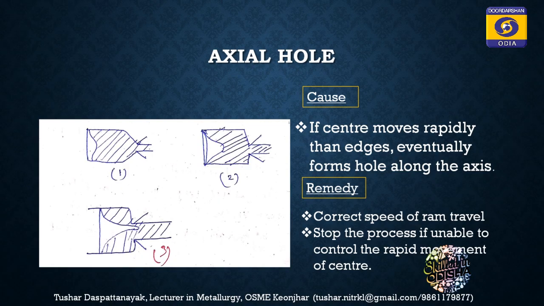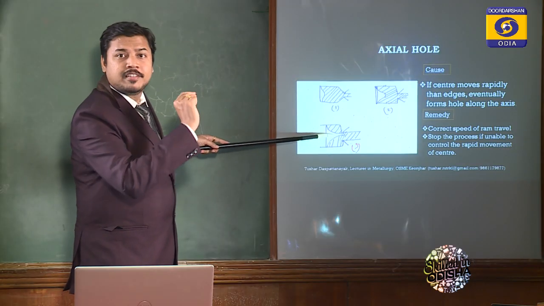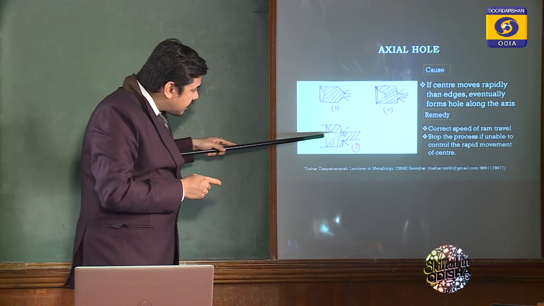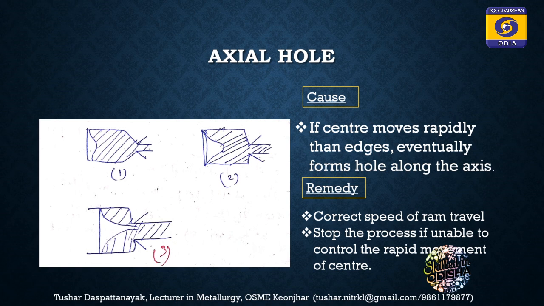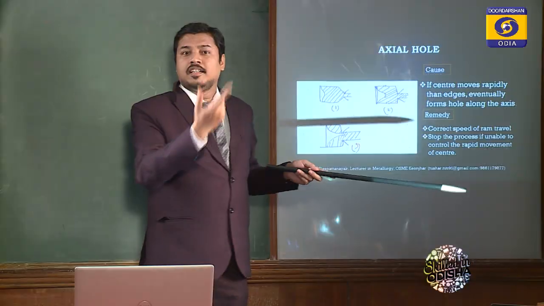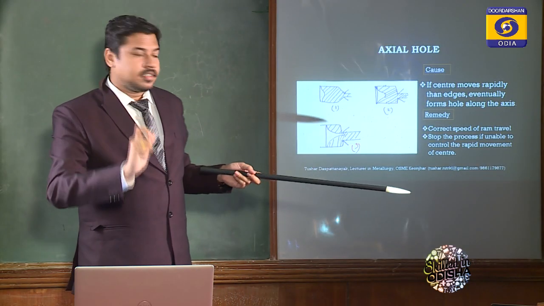First step, second step, third step, because center is moving faster. In the third stage, eventually it will form a hole along the central axis of the extruded product.